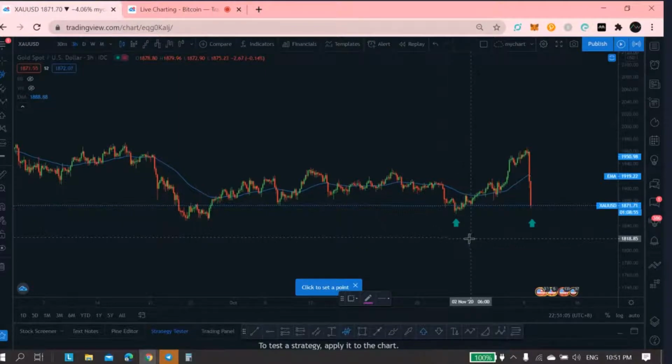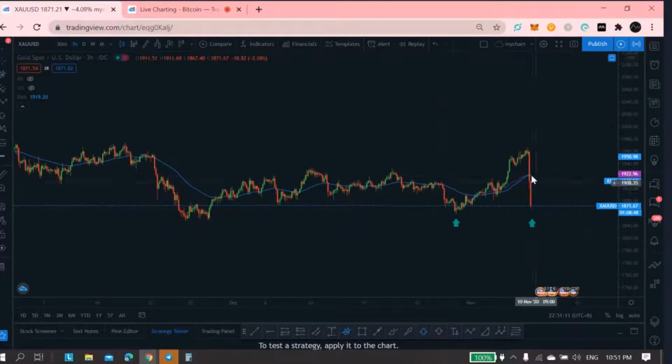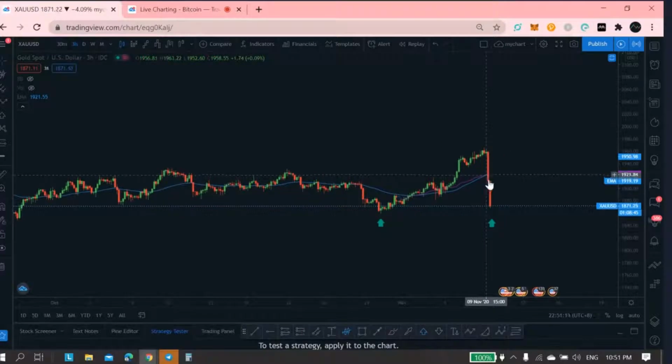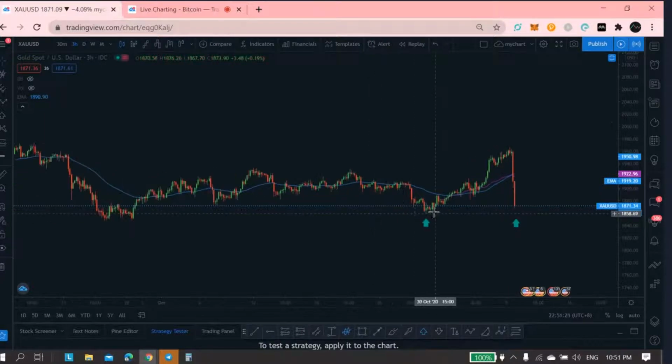So at this area, if it breaks, bearish. But it's already at support, and normally, of course, the basic is buy at support and sell at resistance.